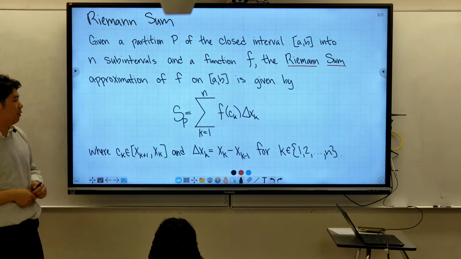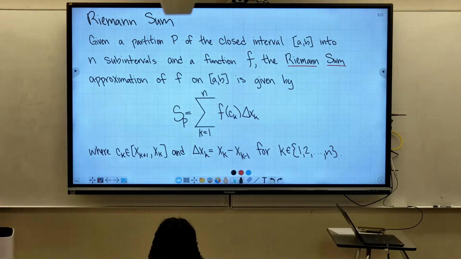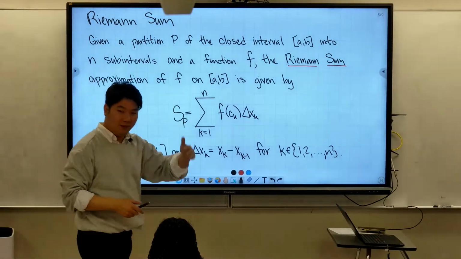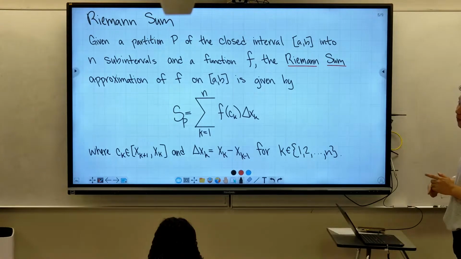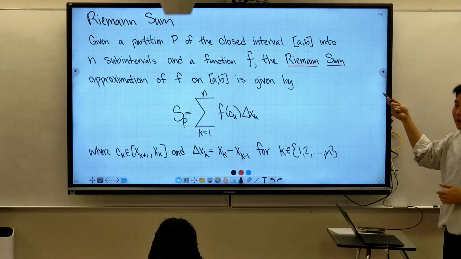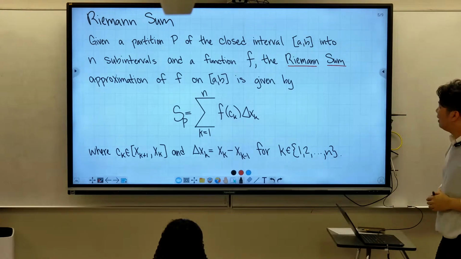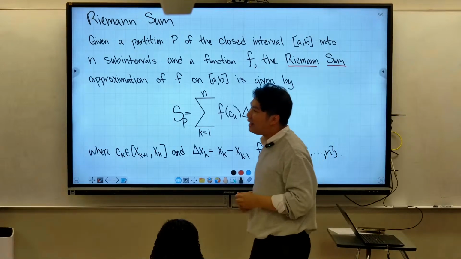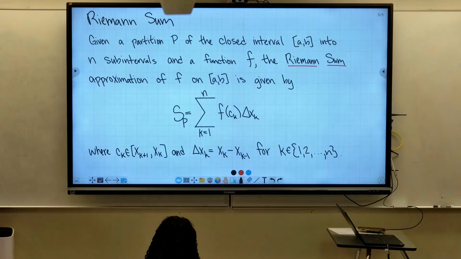Let's talk about this thing called a Riemann sum. Again, this is all just background info. Don't worry if it's going right over your head. We're not going to be worried too much about this. So I have a partition of a closed interval. Just like if I had that 1 to 2, I split it up into smaller groups. And let's say I have a function f that I can graph, for example.